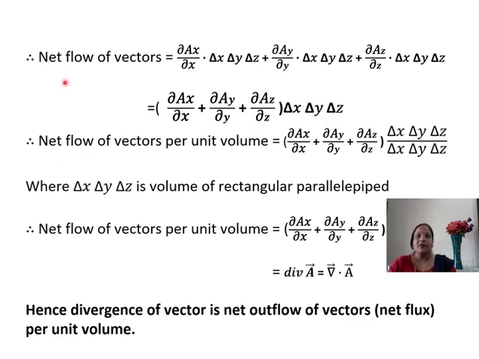Then if we calculate net flow of vector per unit volume, we get net flow of vector per unit volume is equal to (∂Ax/∂x plus ∂Ay/∂y plus ∂Az/∂z) Δx Δy Δz divided by Δx Δy Δz.